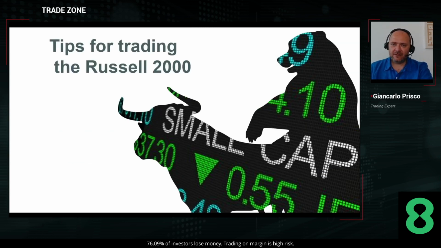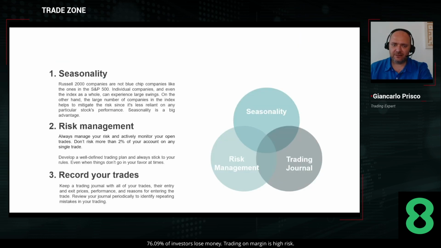Some tips to conclude our small presentation for Russell 2000. Remember that seasonality is the key point, in my opinion, for Russell 2000, because the larger number of companies in the index helps to mitigate the risk, and probably in this sense we could have a large chop in a phase.